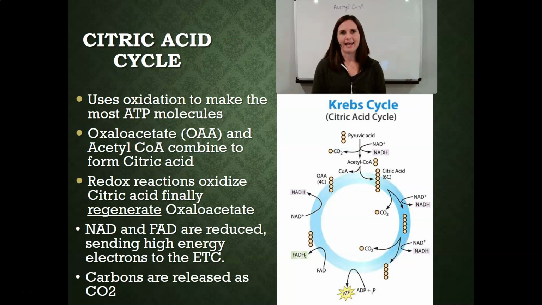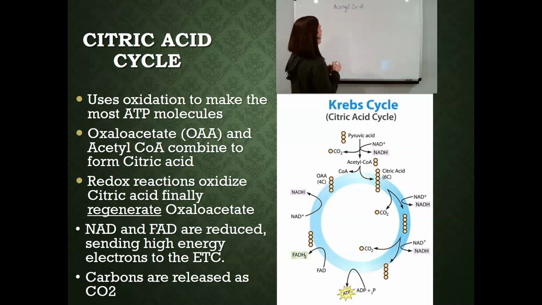So we're going to say that acetyl coenzyme A is going to combine with oxaloacetate, or OAA. So acetyl coenzyme A is coming in, and it is combining with a molecule called OAA, and we'll just call it that, OAA.